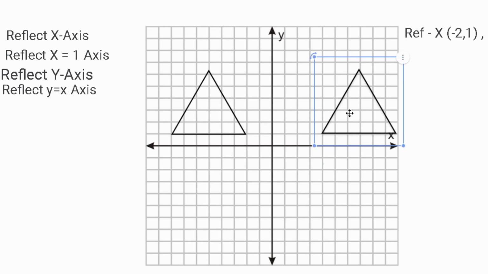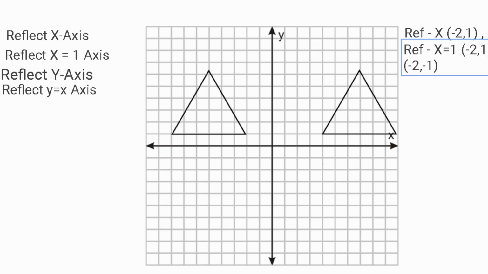And the other points should fall into place, but it's always a good idea to do a couple of them. So then we're going to reflect over x equals 1, so that'd be 4 over and 1 up. Or negative 2, 1, and then 4 over 1 up. So I'm gonna do that.